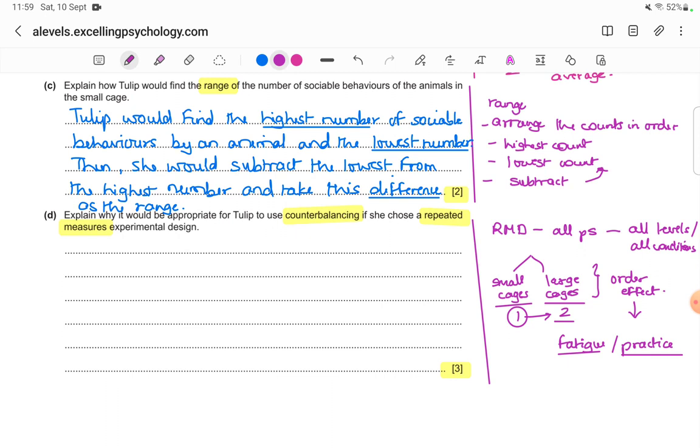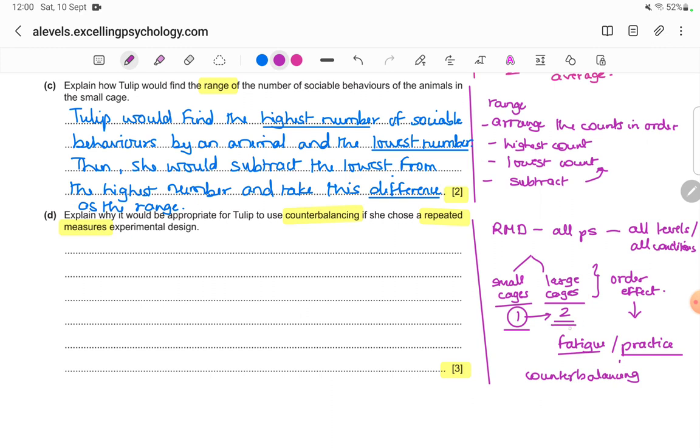So now what to do to avoid these order effects? Counterbalancing. That's the solution which has been mentioned. Okay, so what can be done in the counterbalancing? Take half the animals. Say there are 50 animals in the study. Take 25. Have 25 undergo the small cage condition first, followed by the large cage condition.